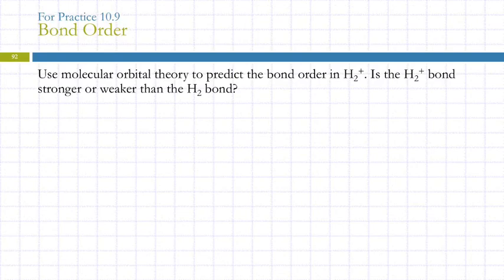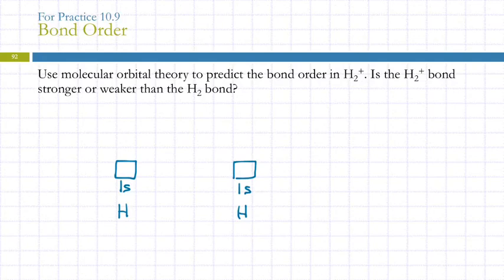So we need to draw the molecular orbital diagram. So let's start with each of the individual atoms. So here's a hydrogen atom here, a hydrogen atom here. But this is H2+. So that means it's missing an electron, right? So one of these has to be H+.